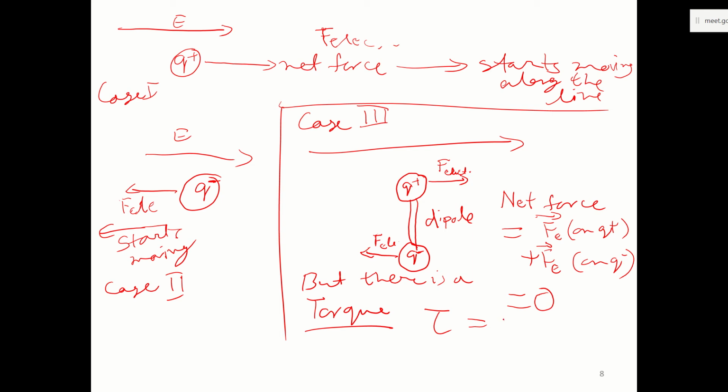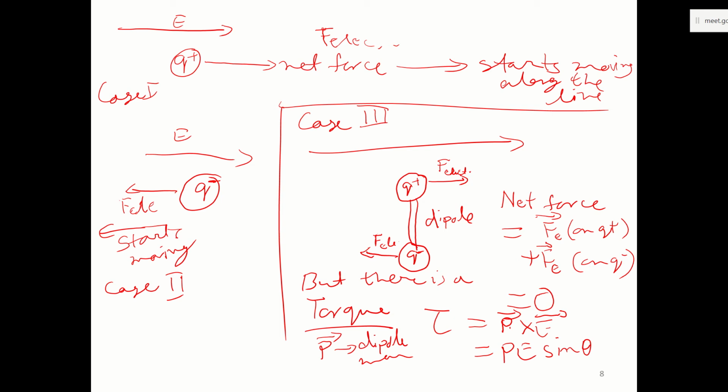We represent it as P cross E, the dipole moment crossed with the electric field. The torque is given by P cross E, where P is the dipole moment and E is the electric field, or you can write PE sin theta. Okay, so this is what happens.